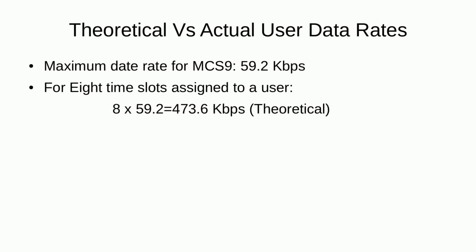So when a user is assigned 8 such time slots, the theoretical data rate a user can get is 473.6 kbps, but actually we don't get that theoretical data rate.